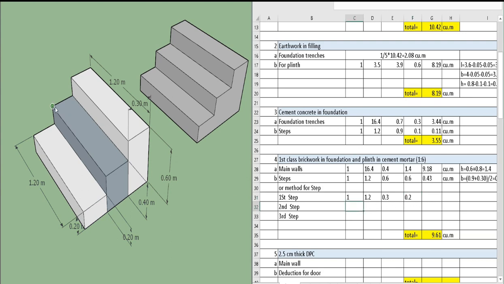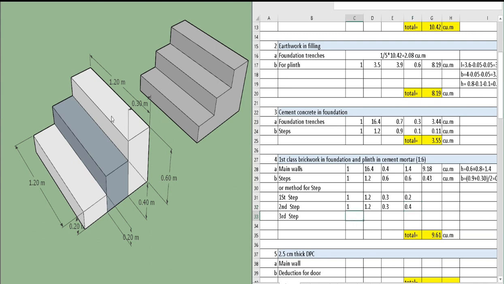Again, I have this second step and it is also of length 1.2 meter. And this is of breadth same, that is 0.3 meter. And the height of this step is 0.2 meter plus this small portion is also 0.2 meter. That means 0.4 meter.